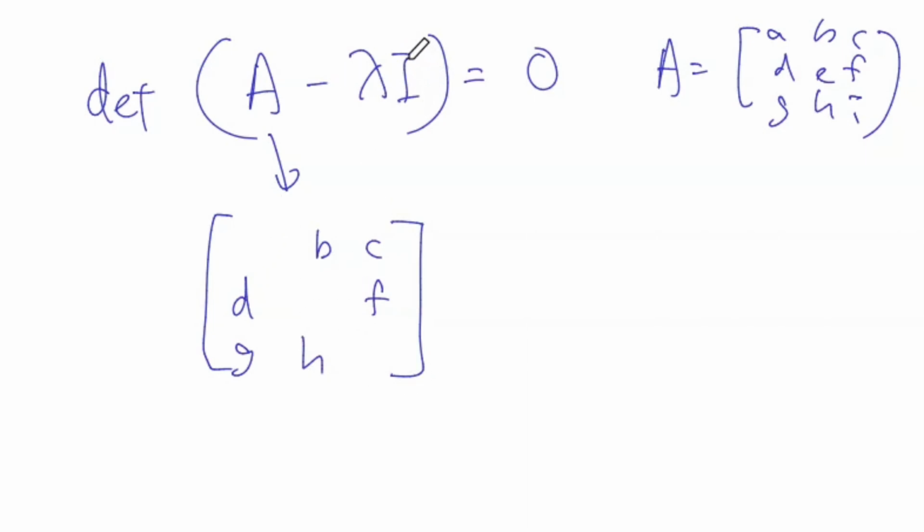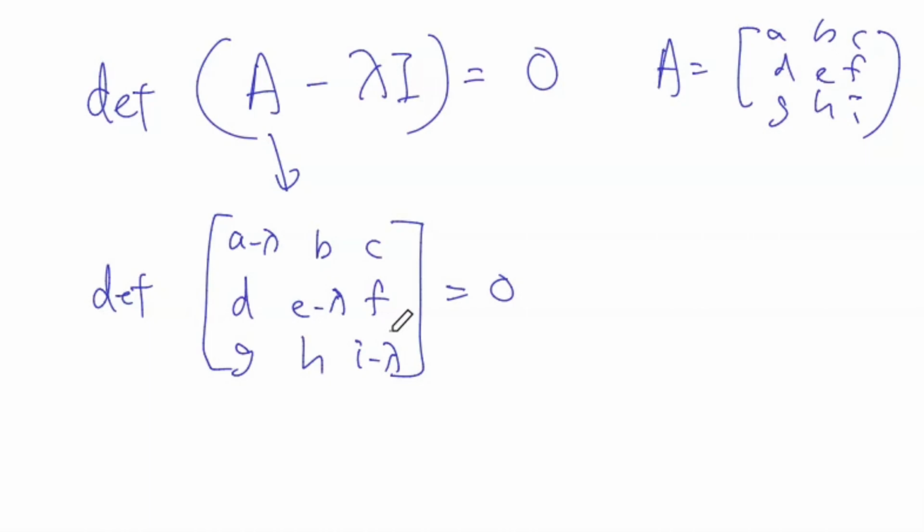I is all 1s, so lambda I means all lambda. So A minus lambda, E minus lambda, and I minus lambda. The determinant of this is equal to 0. If we solve this, we can find the lambda, the eigenvalue, and then we can find the eigenvector.